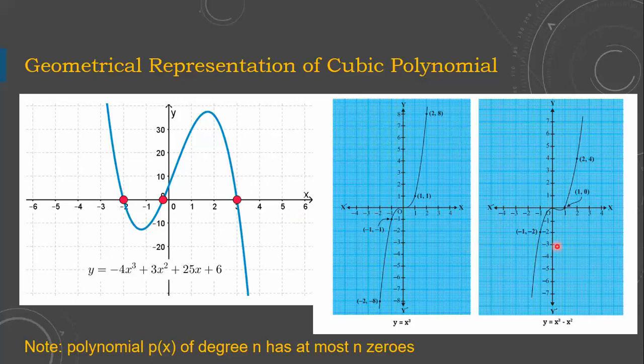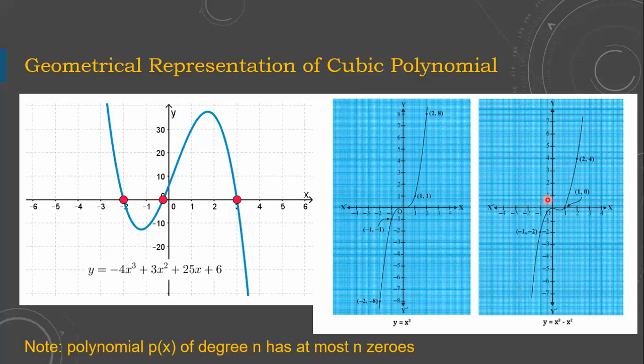Okay, see here this graph, this is already given in the textbook, I have taken that only, so you can understand it very clearly. See, this is the graph of y equal to x cube. So this graph cuts the x-axis in only one point, that is 0, its origin point, nothing else, and it does not cut the y-axis anywhere.